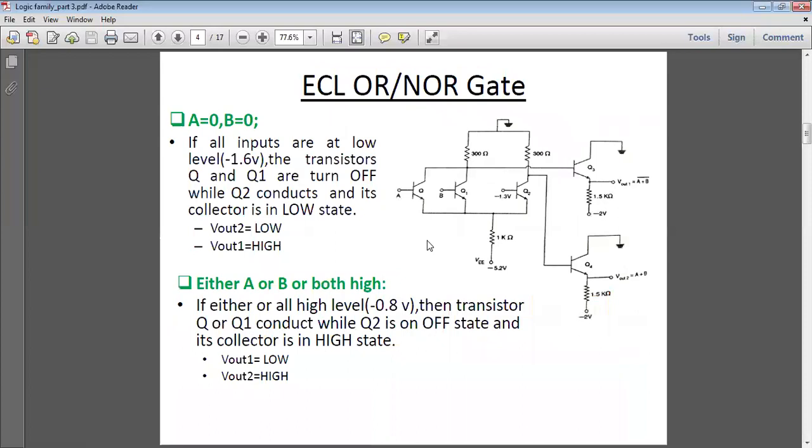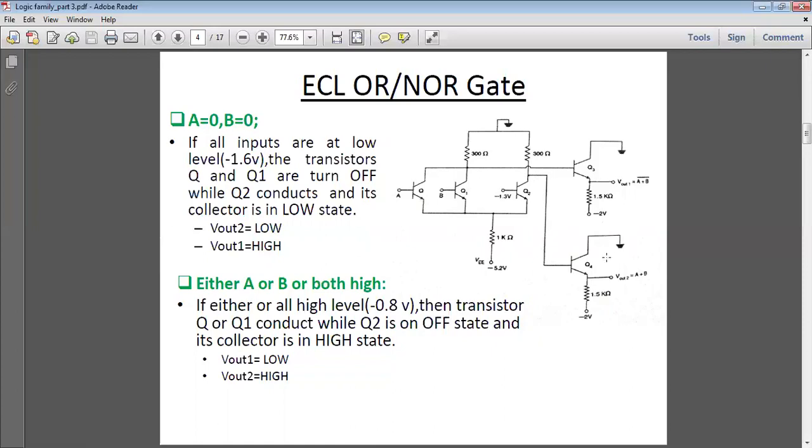ECL OR/NOR logic. The circuit is the same as the previous slide, except that in the input we consider two inputs, A and B. Otherwise, the circuit is the same. When A and B are both logic 0, the transistors Q and Q1 will be turned off while Q2 will be in conduction, so its collector will be low.